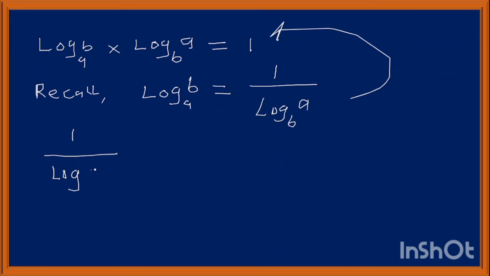So this is 1 over log a base b, multiplied by log of a base b. This is the same thing as saying over 1. So if I cancel that, you can see that this is equal to 1. So everything there is equal to 1.